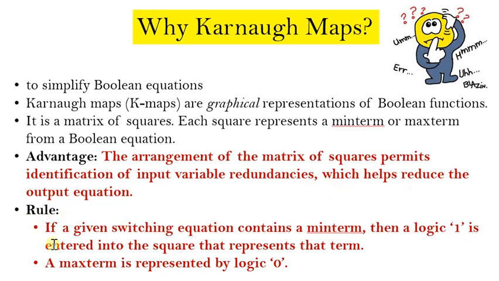The K-map identifies all the cases for a given set of input variables where groups of the minterms may contain redundant variables, and these groups will be identified. Redundant variables can be eliminated, which will result in a simplified output.